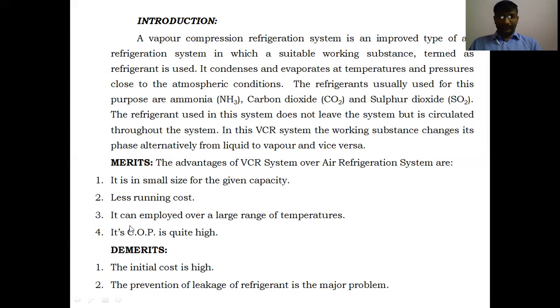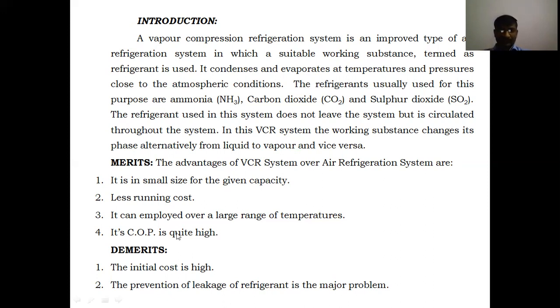Because the low temperature is below atmospheric temperature but close to it, and also the high temperature, that is the sink temperature, is also nearer to the atmospheric temperature. That's why it is operating between a narrow range of temperatures. But the VCR system can operate even if you maintain a large range of temperature.